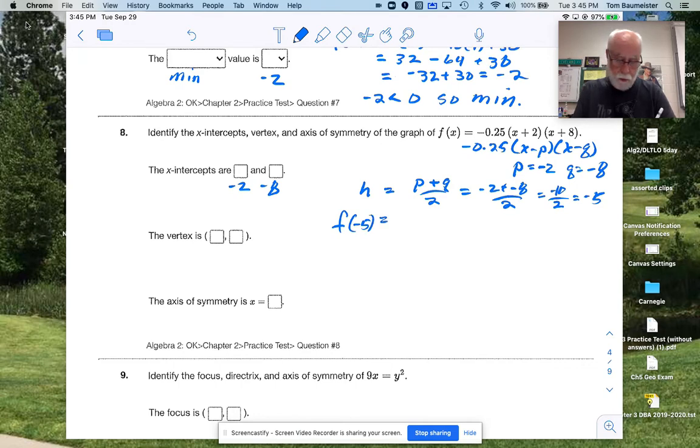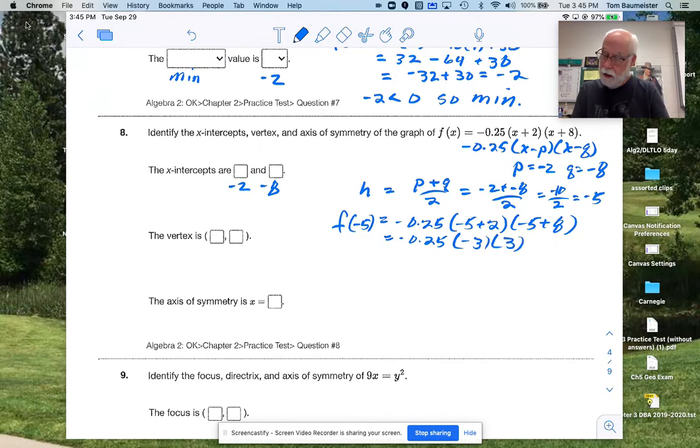If we plug that in, we get negative 0.25 times negative 5 plus 2, times negative 5 plus 8, which gives us negative 0.25 times negative 3 times positive 3.